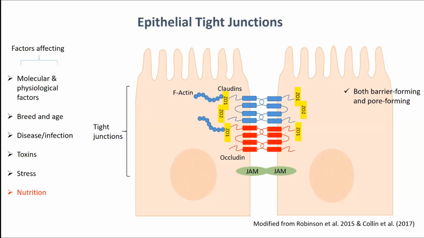To give a little bit of background, when everything is normal in the intestine, a single layer of enterocytes covers the intestine, and these cells are packed together with a series of complex proteins called tight junctions.